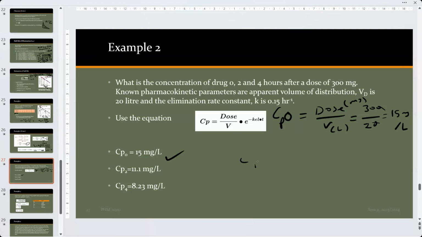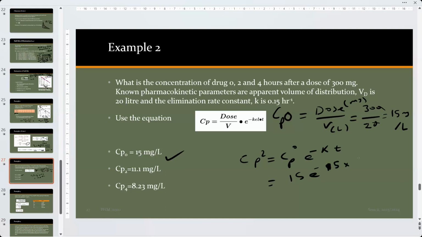So I can calculate CP2 at 2 hours equal to CP1, which is CP naught here, times exponent of negative K times T, equal to 15 times exponent of negative 0.15 times T. T here is delta T, as you mentioned. What's the time between 2 hours and 0 hours?